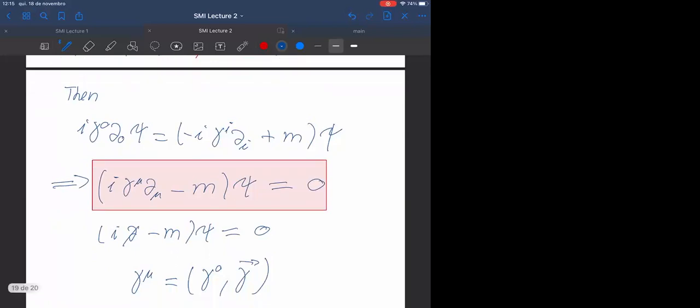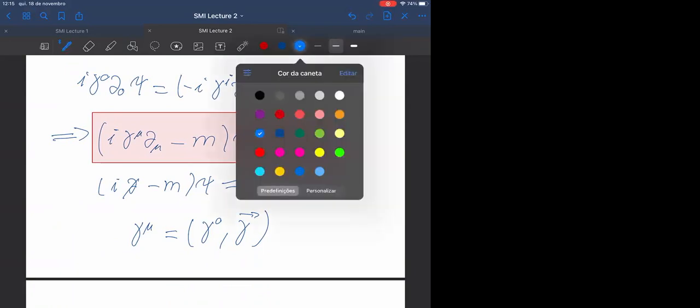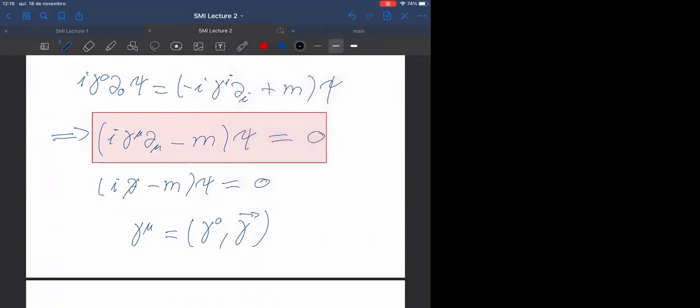If you want to put it in terms of indices, there is a spinor index here, alpha, but you also have the index mu in gamma mu. Considering only one component of the spinor, this is a scalar equation. Exactly. And there should be a second index, which is missing here.